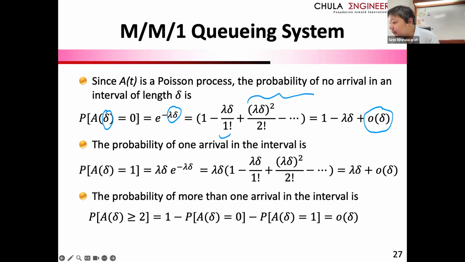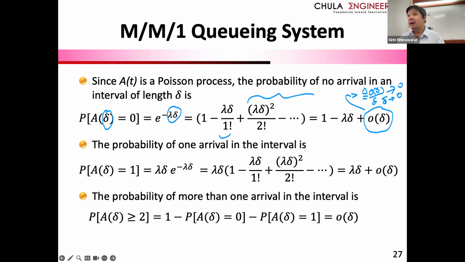By definition, little o of delta is any term such that if you divide it by delta and let delta go to zero, then the term is going to zero.